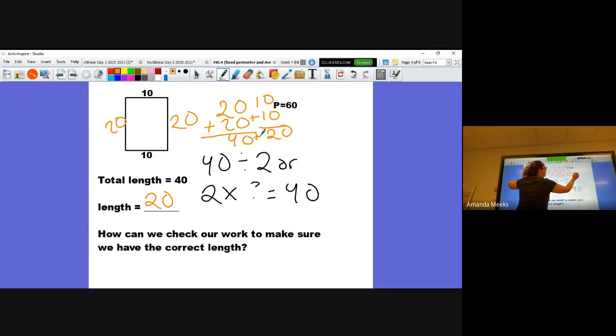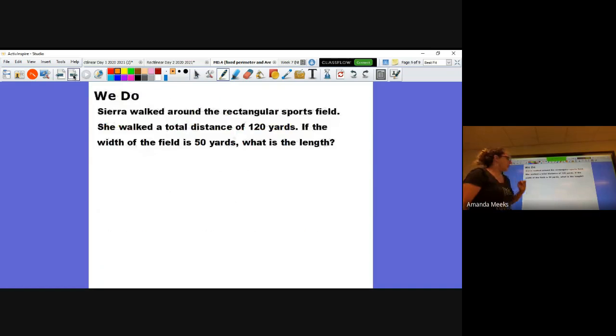And I know that 40 plus 20 is going to give me 60. So my perimeter was 60, the width was 10, and the length was 20. Today, we are going to practice working on some problems with fixed perimeter.